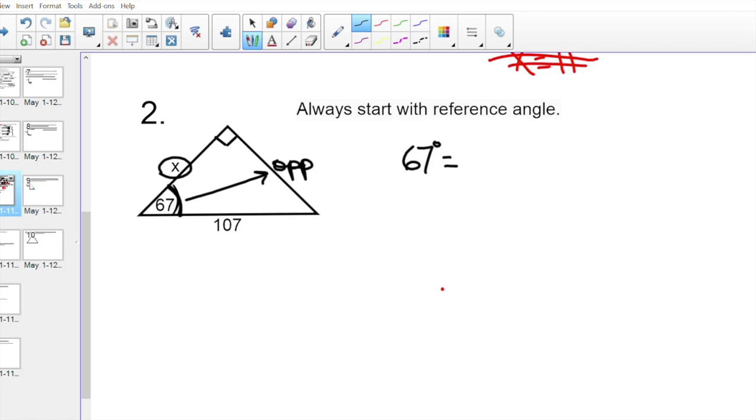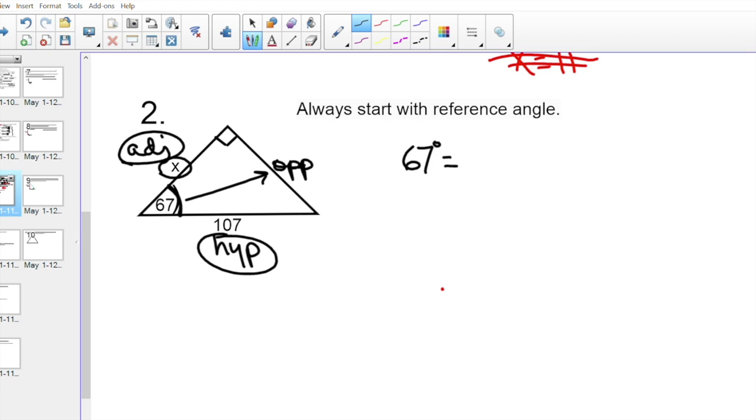We don't have the length of the opposite this time. Now, this over here is the hypotenuse. That's the side opposite the right angle. But what would you call this side that has the x? It is the adjacent. So we have to find the adjacent side, and we are given the hypotenuse.